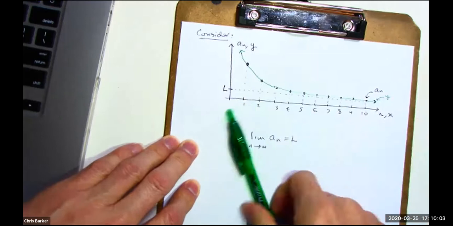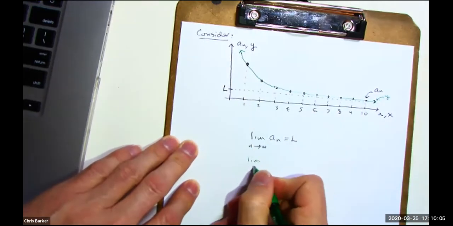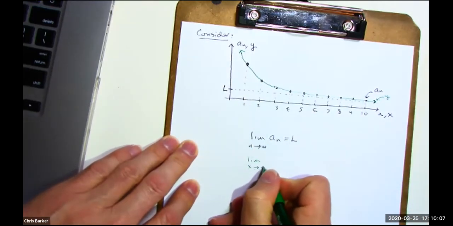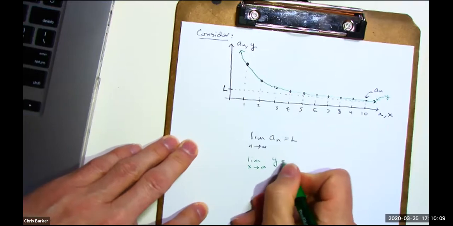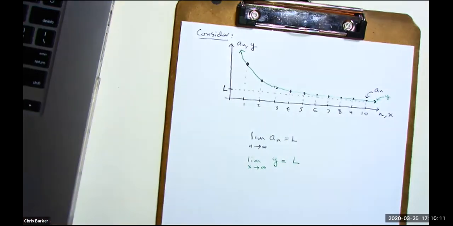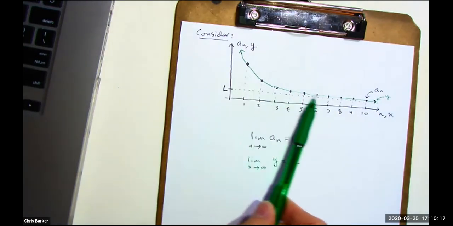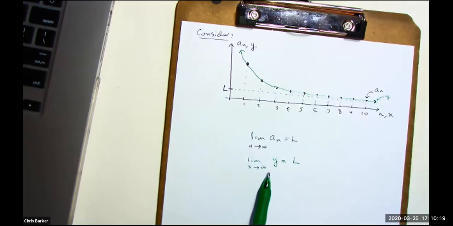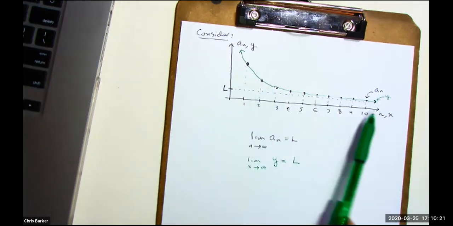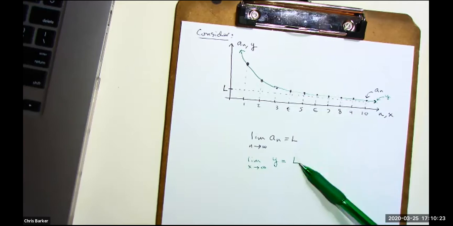And wouldn't you say that the limit as x heads to infinity of y is also L? Yes. Right? So the black dots are heading the same place as the green curve. They have the same destination.